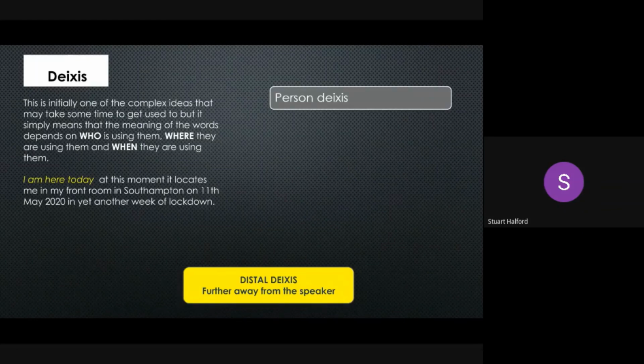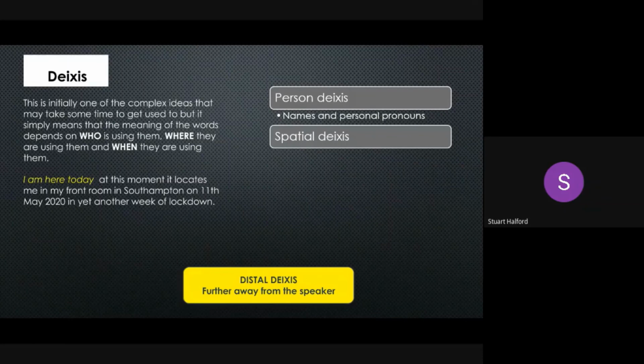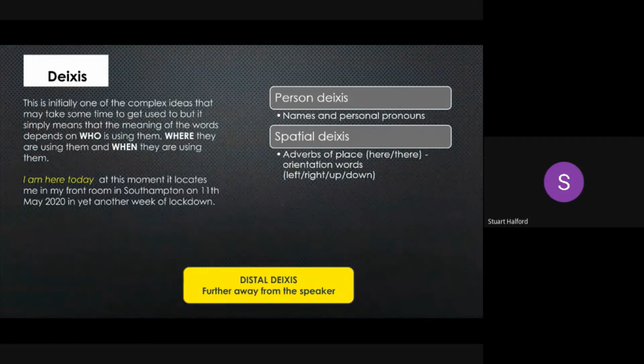So this is kind of moving outward from me. So the person deixis is moving centrally from me. So where names and personal pronouns are being used a lot, you can talk about person deixis. We can also talk about spatial deixis, where we're going to see lots of adverbs of place. So orientation words like up, down, left, right, place words like here or there.